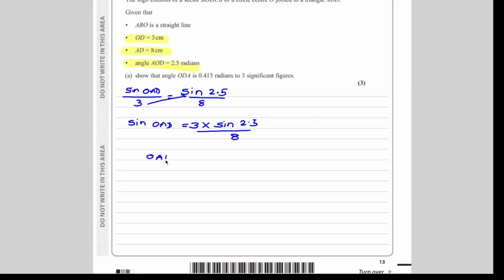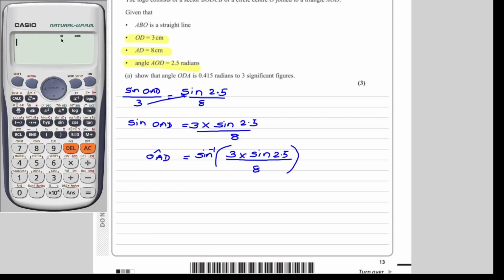Then angle OAD equals, when sine goes to this side, it becomes sine inverse, 3 into sine 2.5 over 8. So let's use the calculator and get it. Use your calculator. Straight away apply it. Make sure your calculator is in the format of radians.